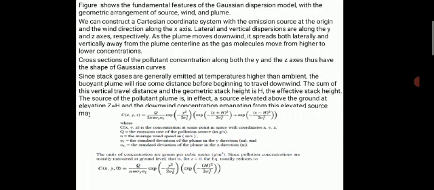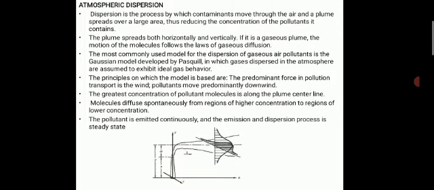The source of the pollutant plume is in effect a source elevated above the ground at elevation z equal to H, which are the parameters shown in the figure, and the downwind concentration emanating from this elevated source.